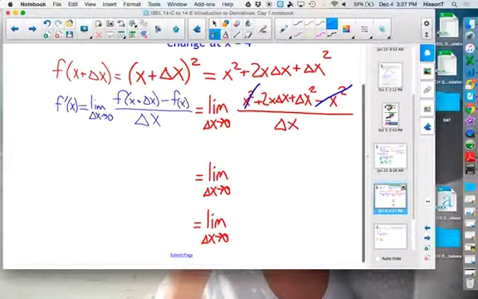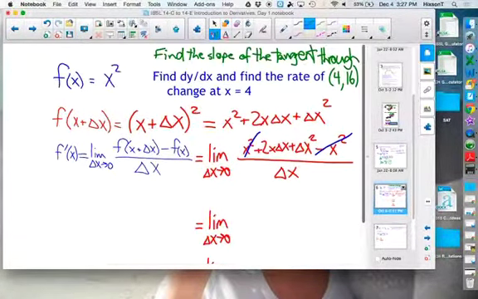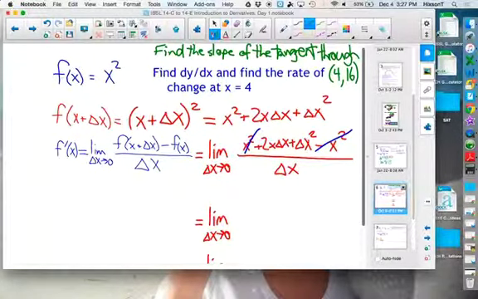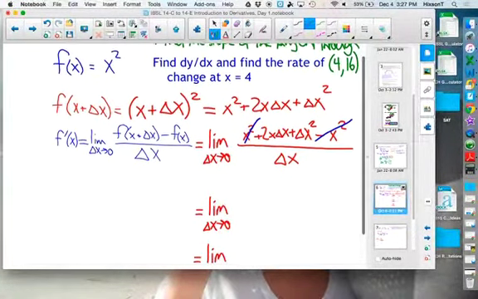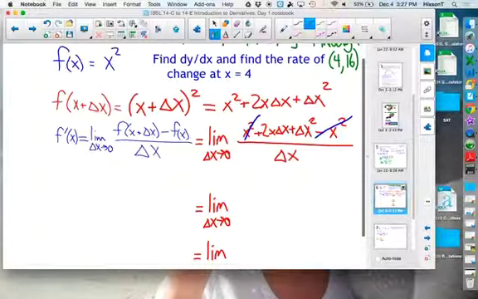Wait, Mr. Dixon, can you go up there for a second? So f of x plus delta x always equals x plus delta x squared? Well, for this function it does, because this function is x squared.